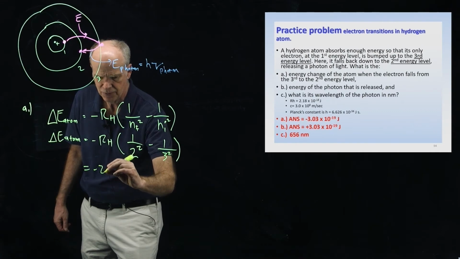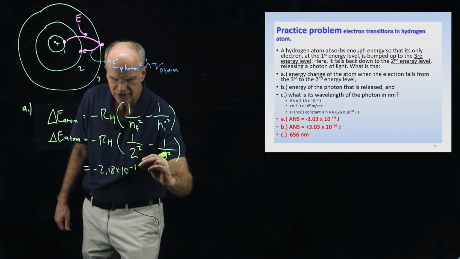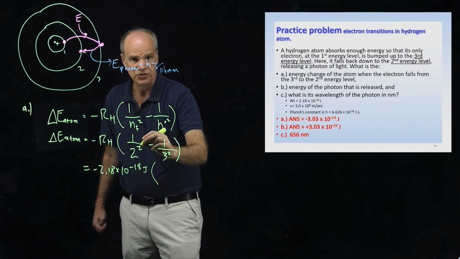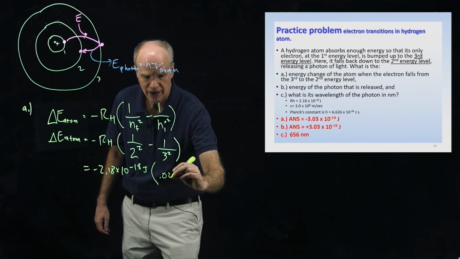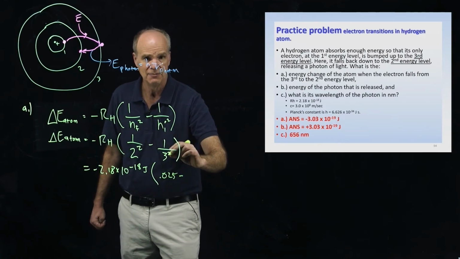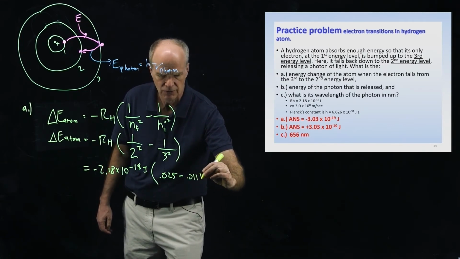So it's negative 2.18 times 10 to the negative 18 joules times (1 over 2 squared, which is 0.25, minus 1 over 3 squared, which is 1 divided by 9, and so I think that's 0.111).